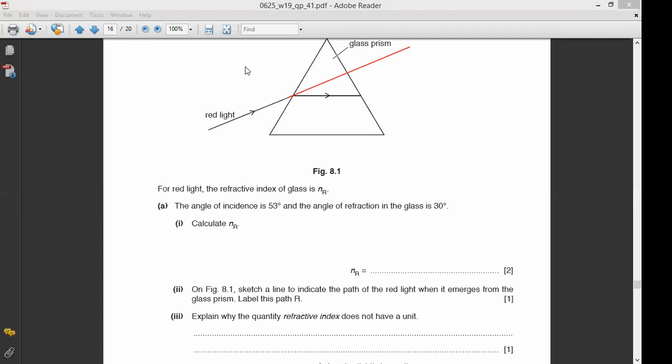Okay, but the red light, when it goes into this place, there's a refraction at this point. Let me bring this.